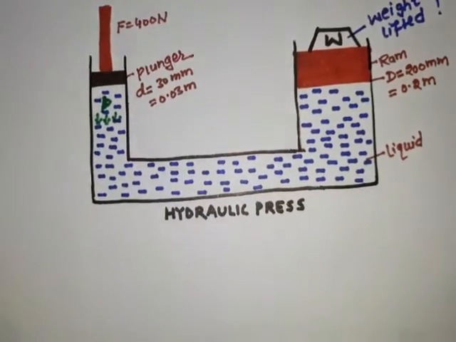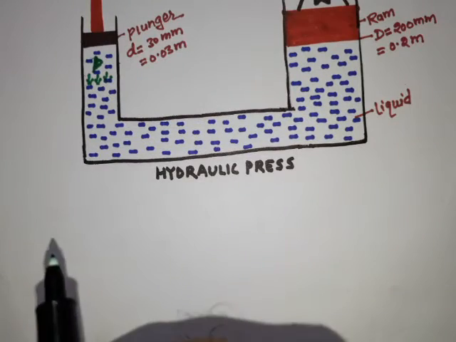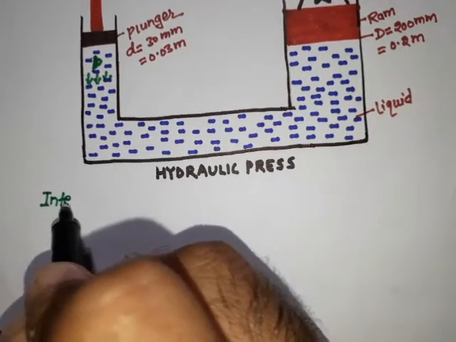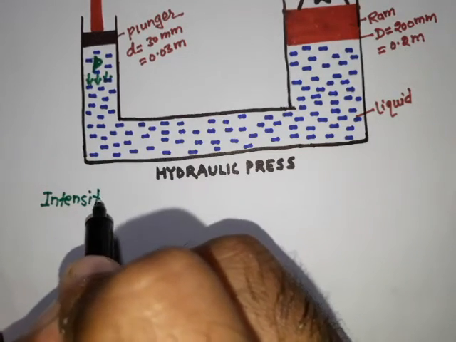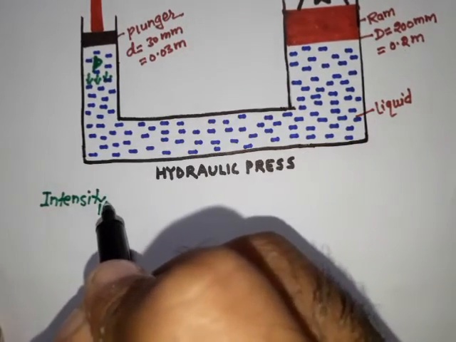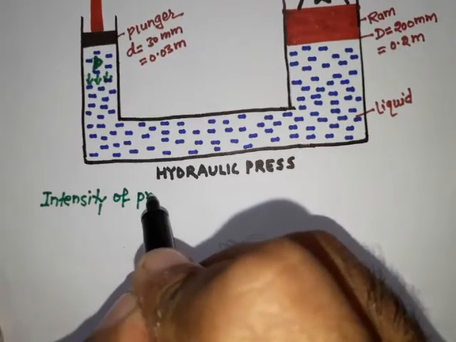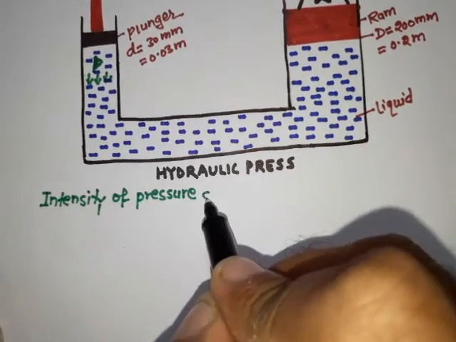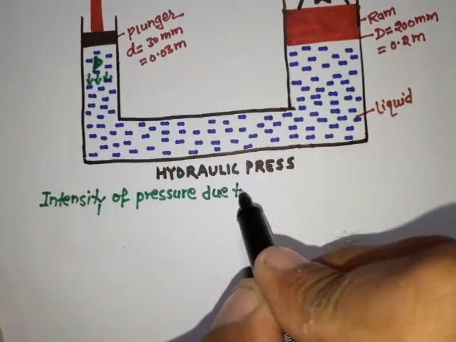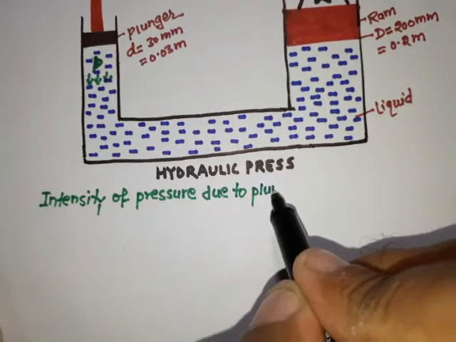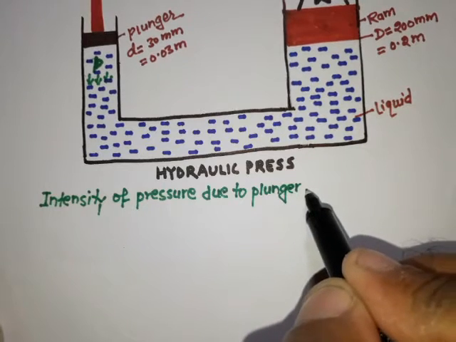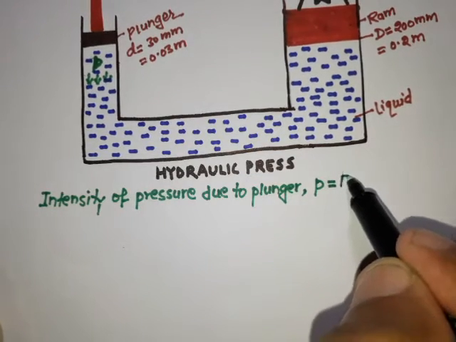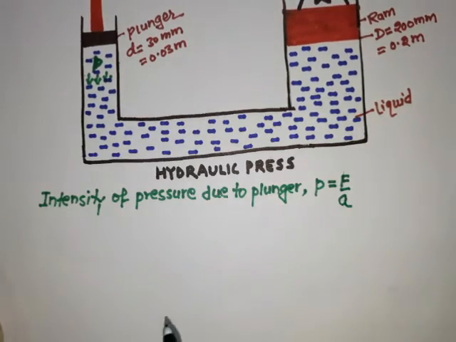So intensity of pressure due to plunger, that is denoted by small p, equal to force upon area of plunger.